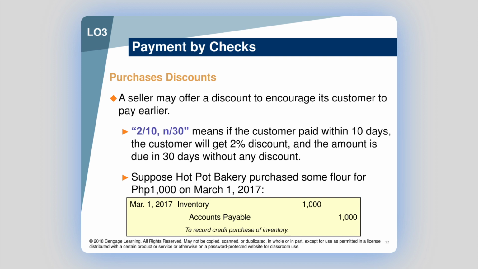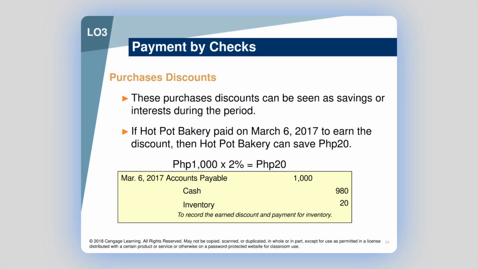Ganun lang, no? Suppose Hot Bakery purchased some flour worth 1,000. Alright, so first the entry here is the inventory, 1,000. Then we have here accounts payable of 1,000. Okay? In terms of the purchase discount, it can be seen as savings or interest during the period.